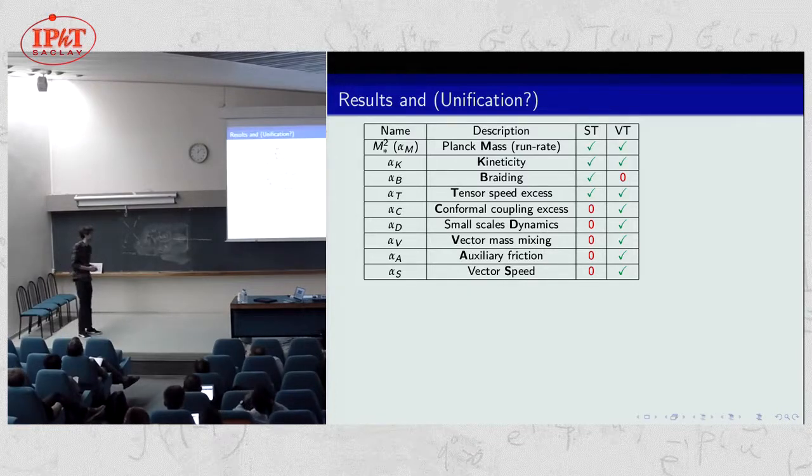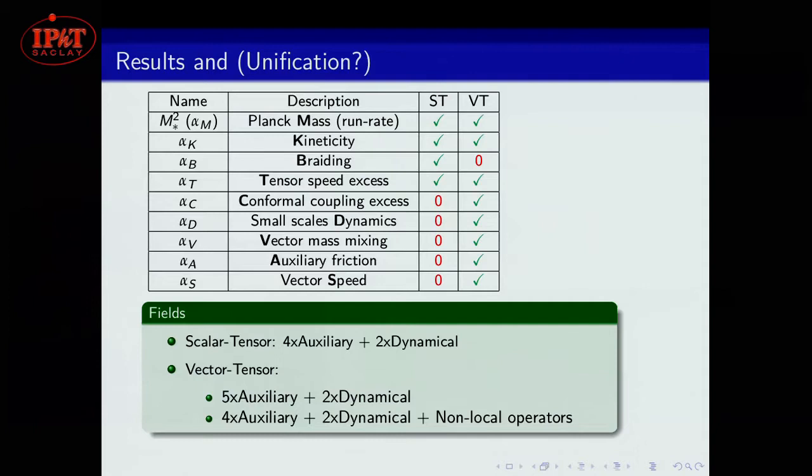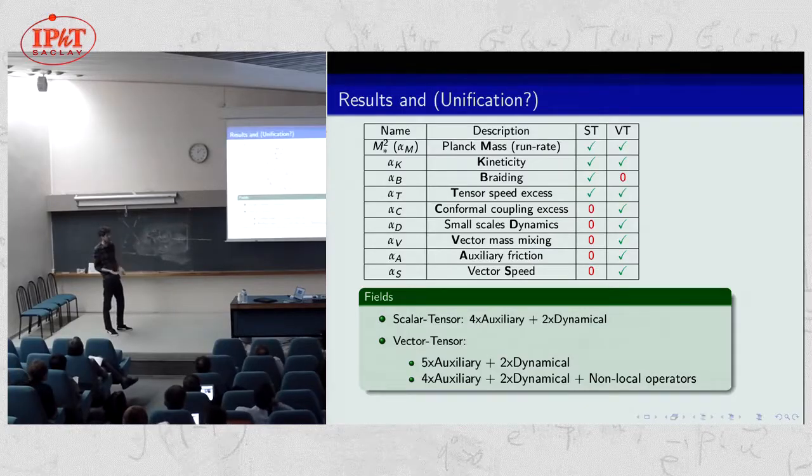The other point which makes a unification difficult is that, looking at the equations and counting the number of fields you have, in scalar tensor theories you have 4 auxiliary fields, which are the fields of the metric, the perturbation of the metric, and 2 dynamical, which is 1 matter and 1 the extra propagating degree of freedom. In vector tensor theories you have 5 auxiliary plus 2 dynamical.